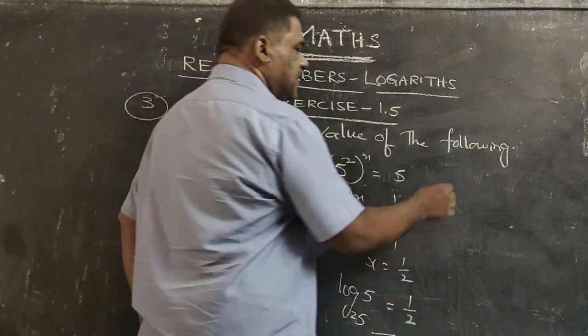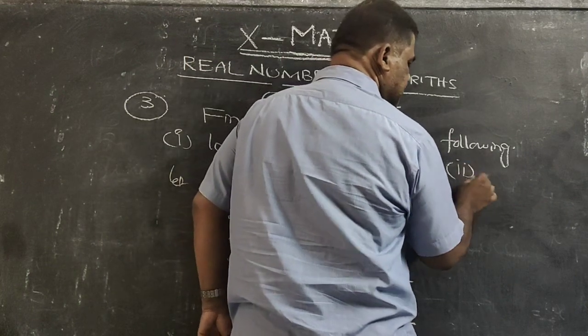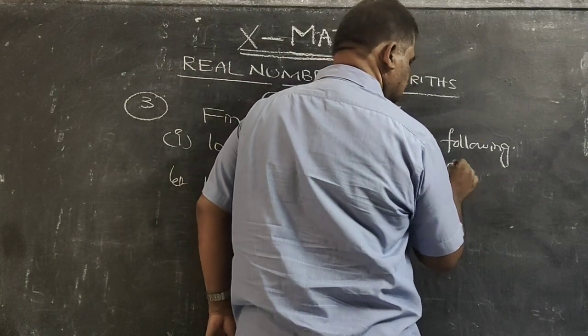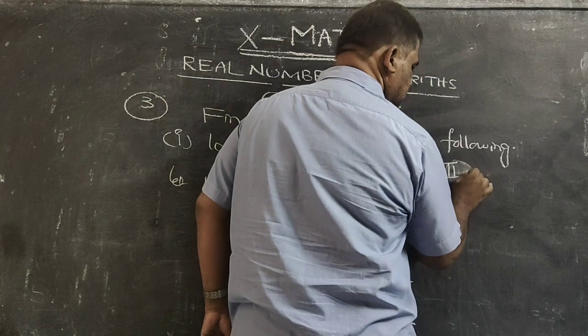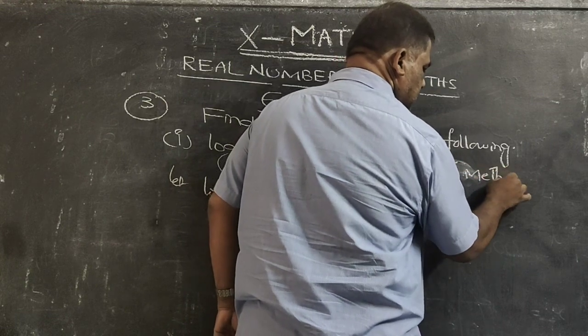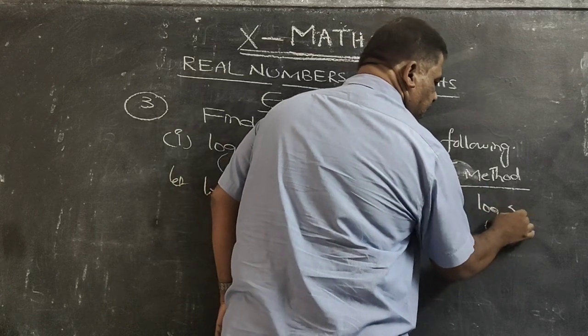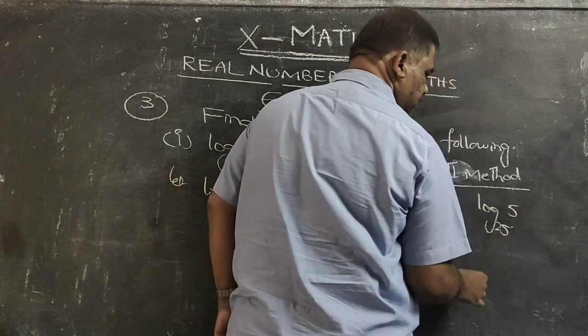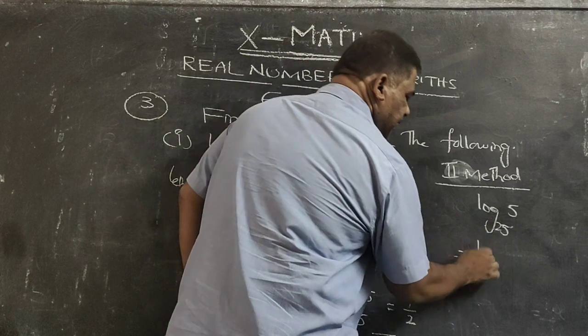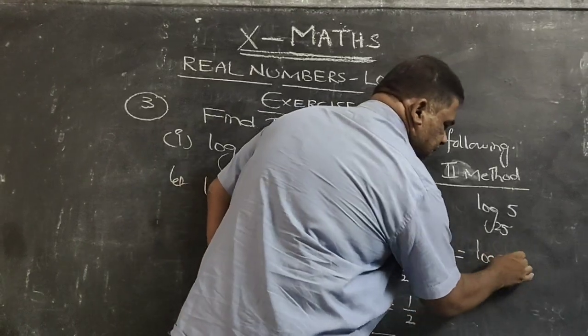Now in second method, logarithm of 5 base 25. Now this 25 you write it as 5 square.